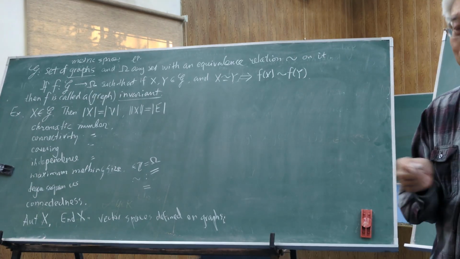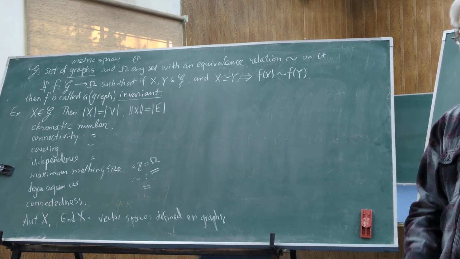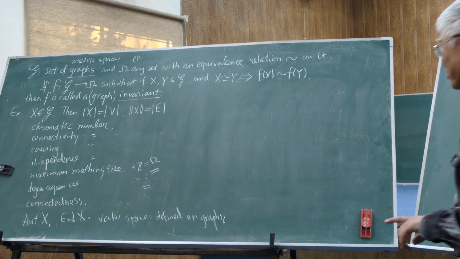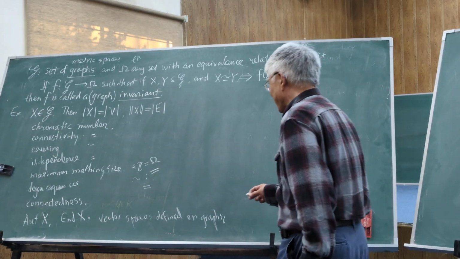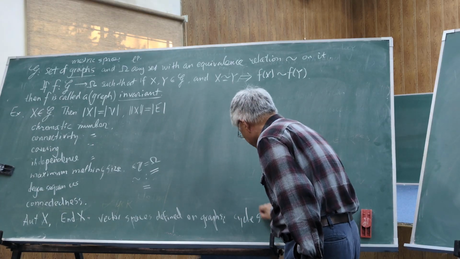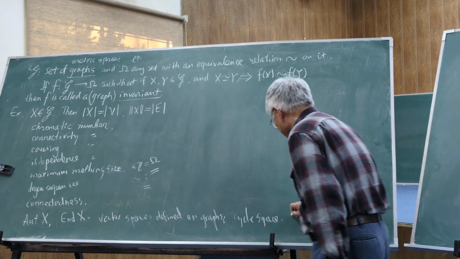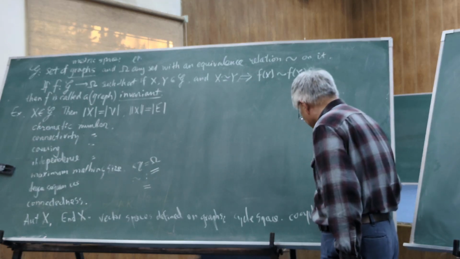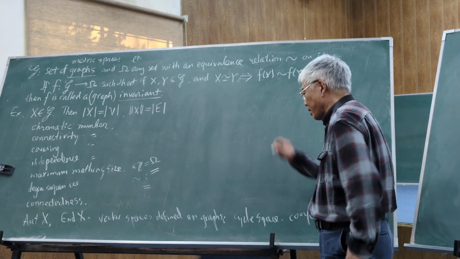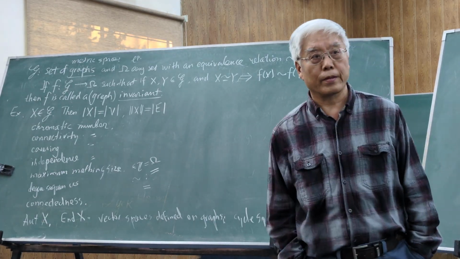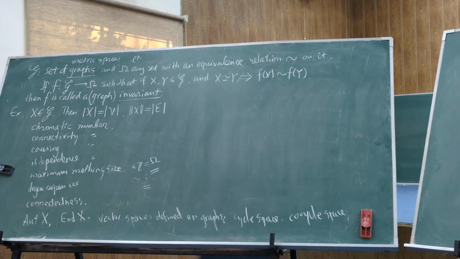There is another space which is the intersection of the cycle space and the co-cycle space, called the bicycle space. This is a vector space, the co-cycle space, and these are non-numerical graph invariants, examples of non-numerical graph invariants.